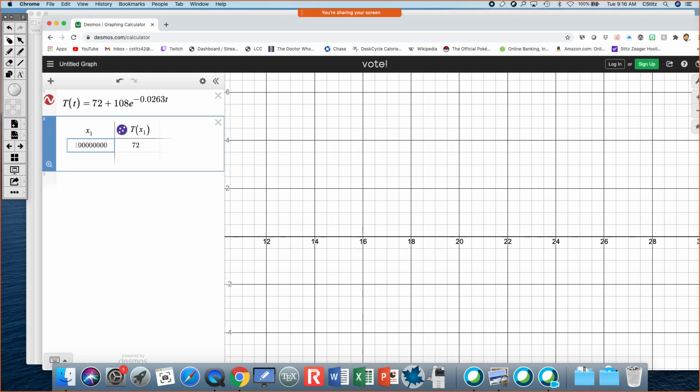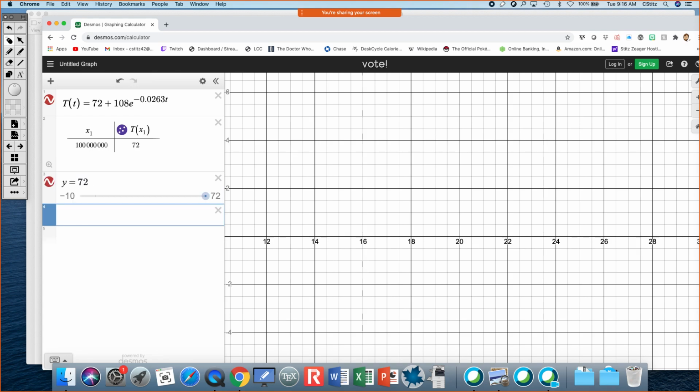And as time goes by, well, of course, it's telling us 72 exactly, but it's actually a little bit more than 72. You can see that the function values level off at 72. And we can test that graphically looking at y equals 72, and making that a dashed line, as is our custom here.